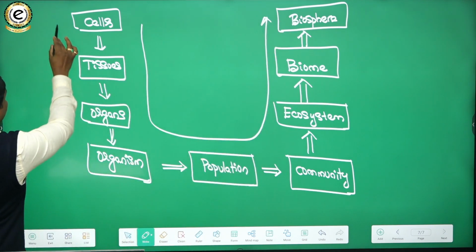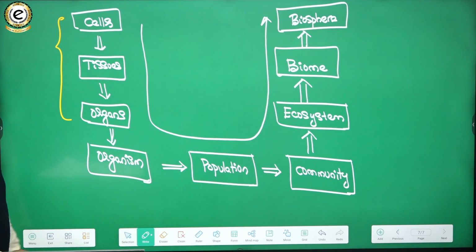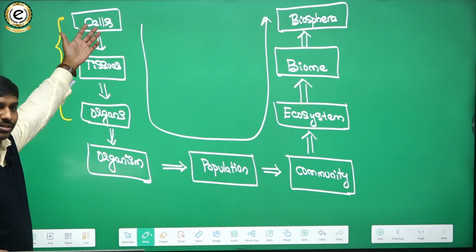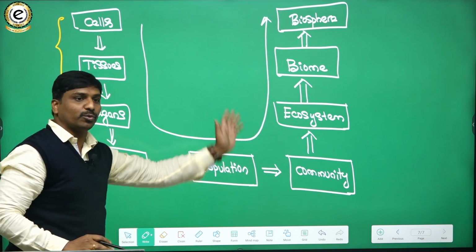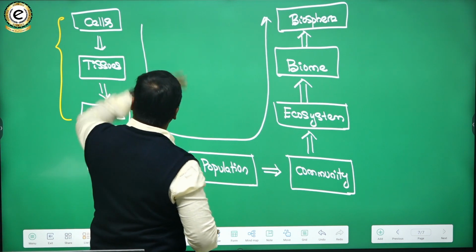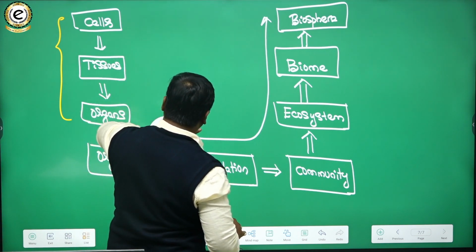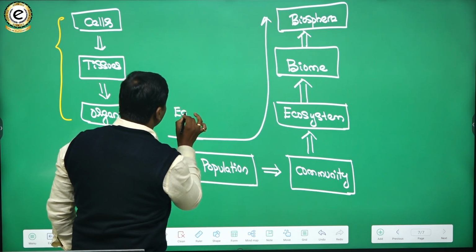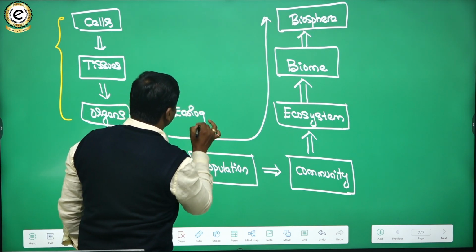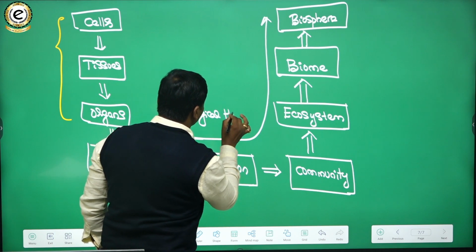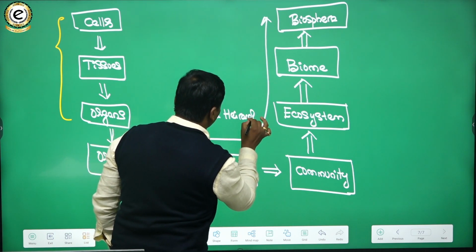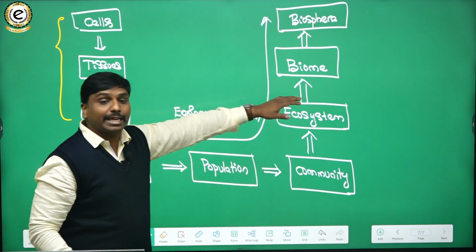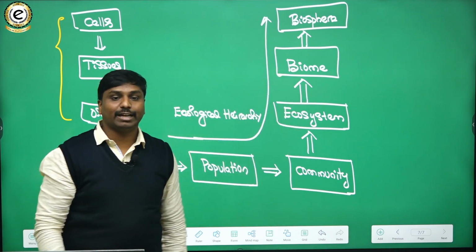Till this level, it is related to biological sciences, and from the organism point of view, it is related to ecology. So, ecological hierarchy. Yes, you can keep landscape in between biome and ecosystem.